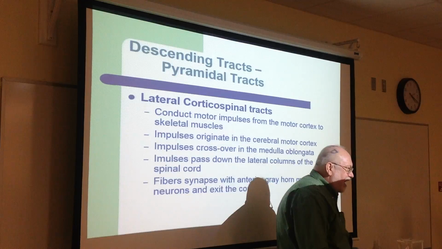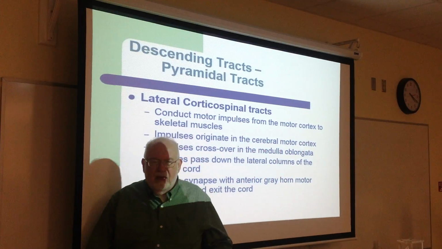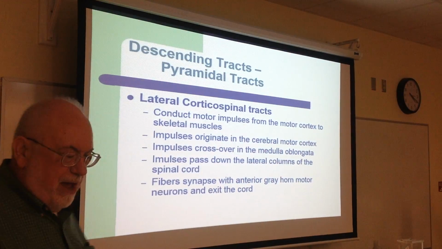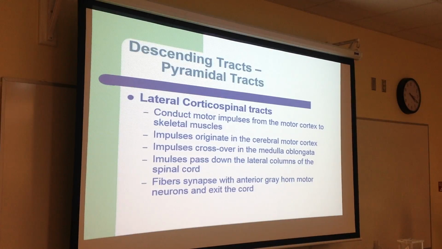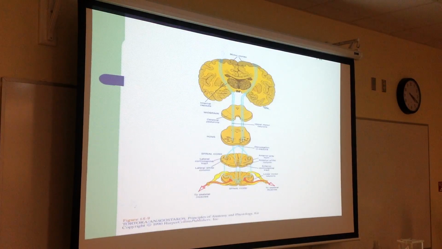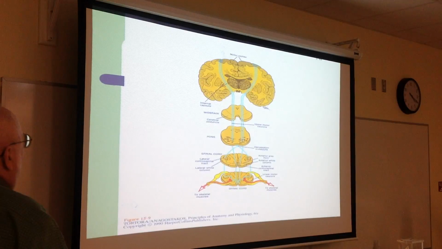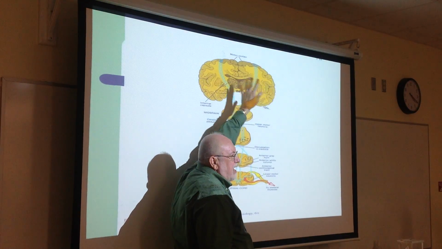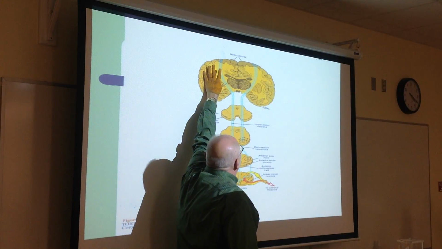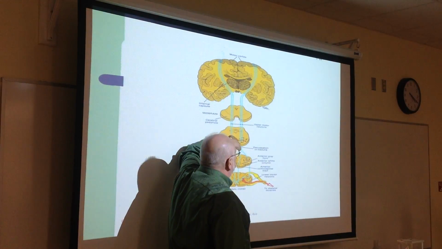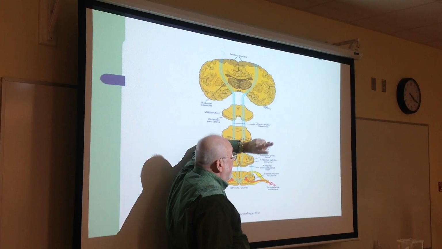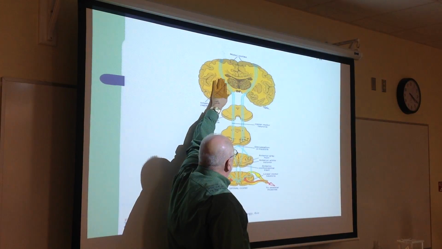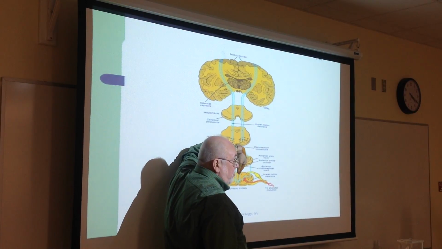Anyhow, let's take a look at their diagram, which is awful, and then we'll do our own. Ours will be much better, I can assure you. All right, so here is how they did it. Now the motor cortex somewhere up here on the cortex. Now, you notice that it's really just two neurons are used this time. One starts on the cortex and comes all the way down to the cord.